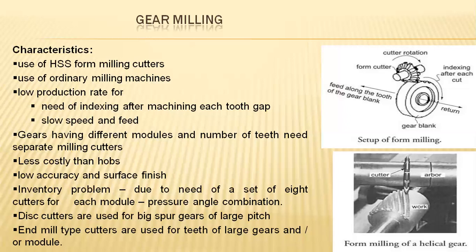Coming to the basic phenomena, the gears which are having different modules obviously change the number of teeth, that are needed for separating the mill cutters. So this better suits in range in the machining process.